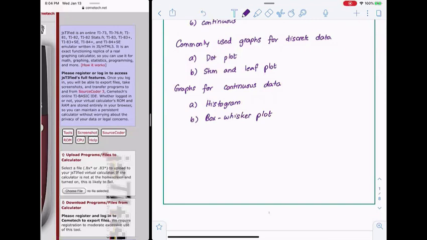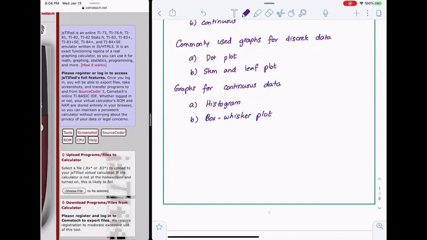So histograms, box whisker plots are typically used with continuous data. With discrete data, we go for dot plot and stem and leaf plot. And I'll explain what they are in a bit.